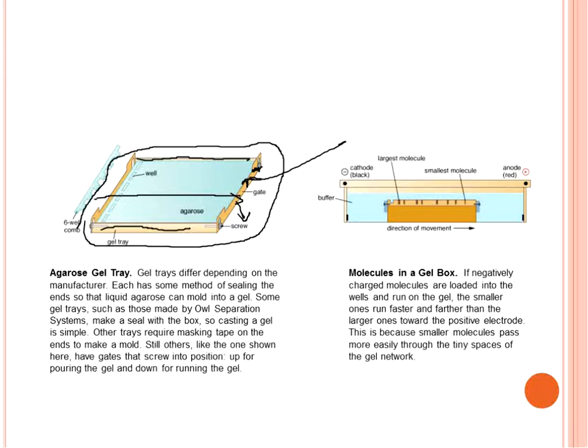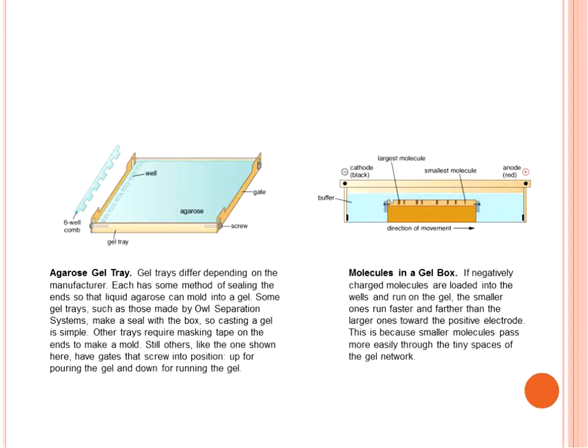But essentially, initially, you have a box. You have made a pan that you can pour your agarose into. Okay, liquid agarose. And when you pour the agarose into the pan, you also put this little comb in there.